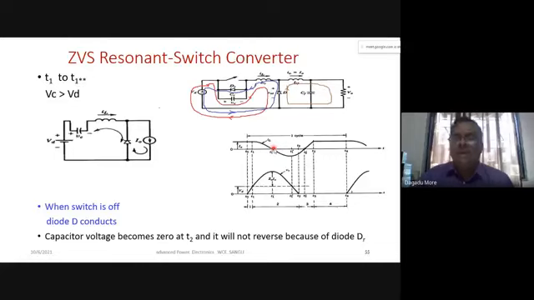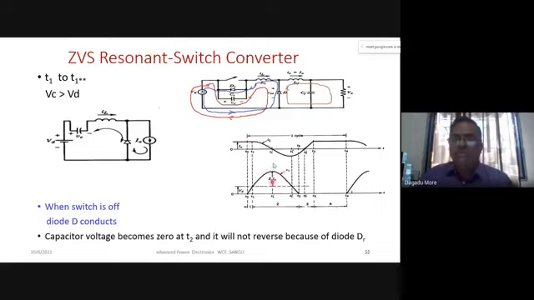Once current becomes zero, our LC tank circuit is there, and because of the tank circuit our current will flow in the reverse direction. The capacitor will be in series here, and our capacitor voltage goes on decreasing.